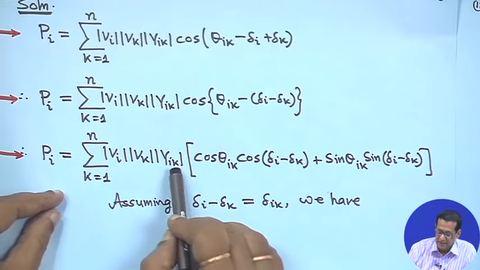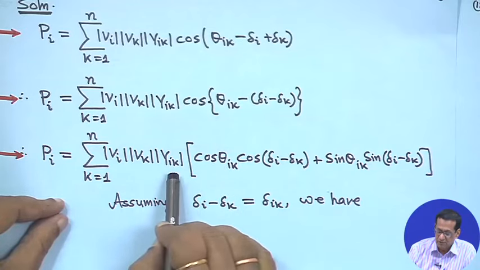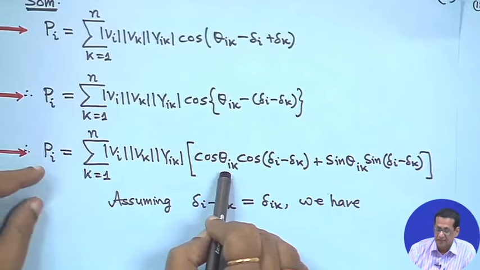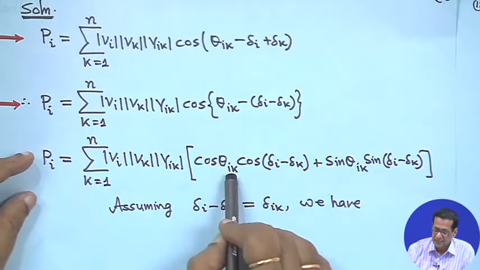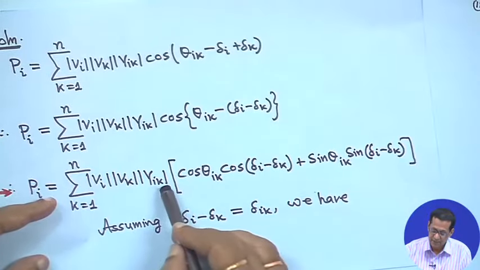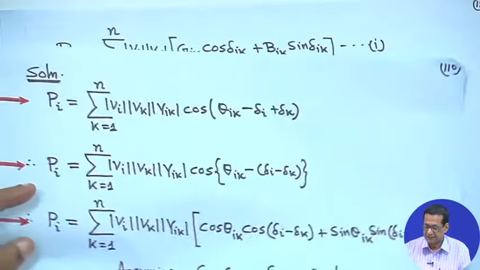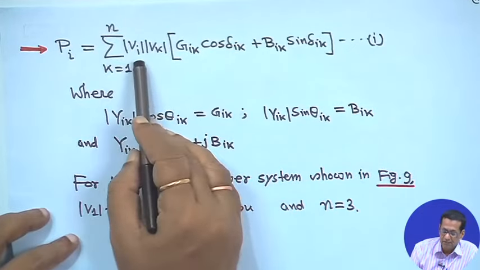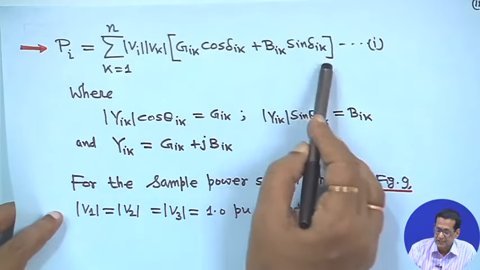When you multiply by magnitude Yik, |Yik| cos theta ik will be Gik, and |Yik| sin theta ik will be Bik. So the equation becomes the sum over k equal to 1 to n of Vi Vk (Gik cosine delta ik plus Bik sin delta ik).